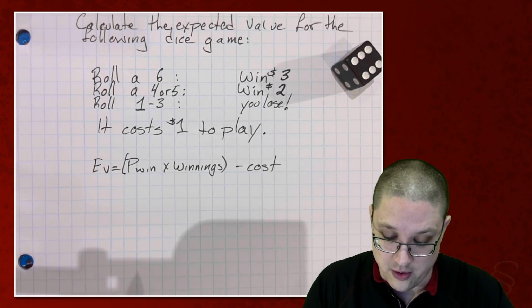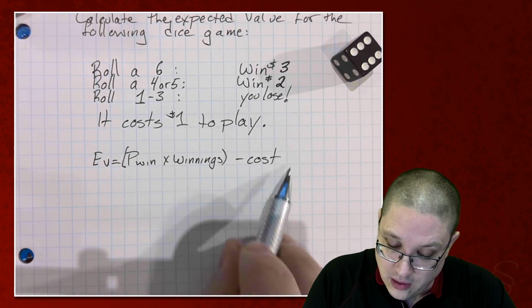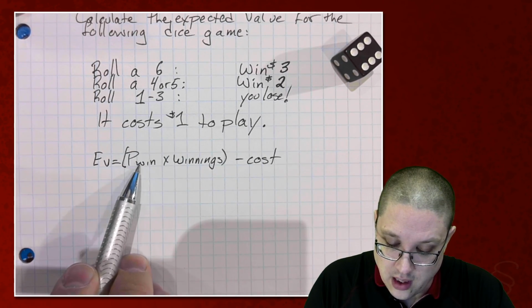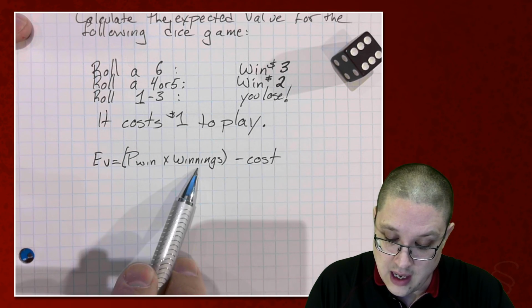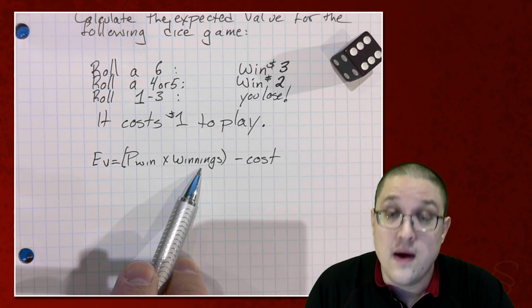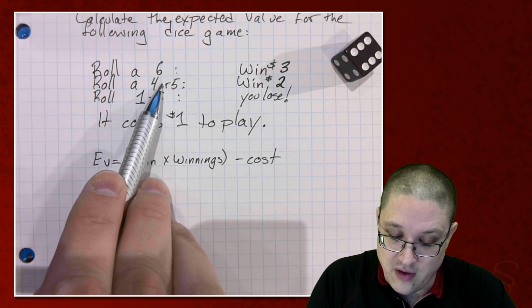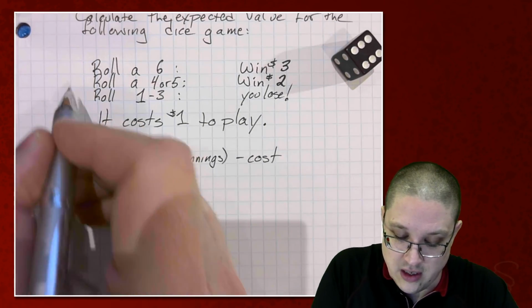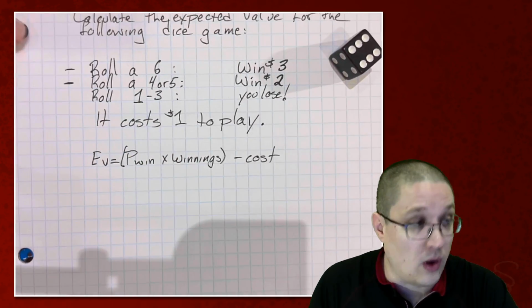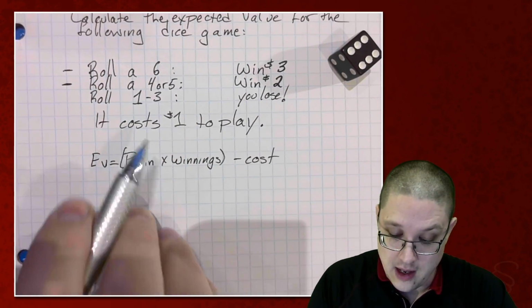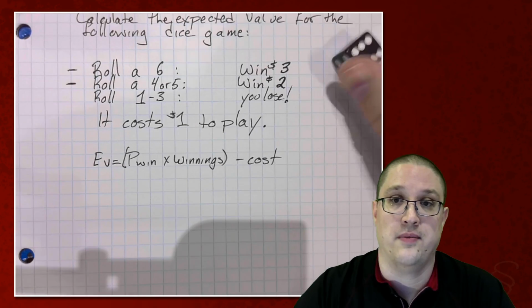Should be pretty straightforward. Now, if I look at my formula here, I have the probability of winning times the amount that I can win. You may notice that I actually have two different options here. Both this one and this one, I win something. This third one, I do not win.